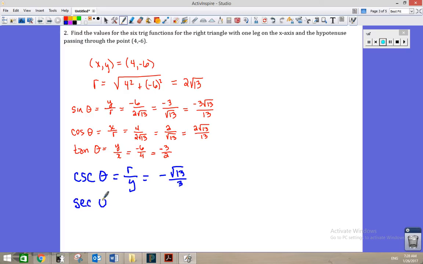The secant of theta is r over x, which is radical 13 over 2, and the cotangent is x over y, which is negative 6 over 4, and that reduces to negative 3 over 2. There are our 6 trig functions for number 2.